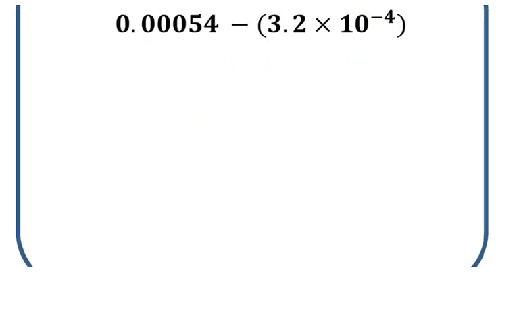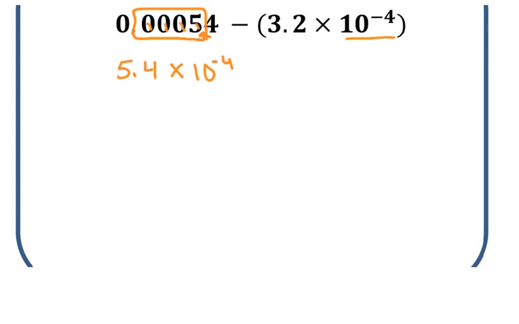Okay, so here's another one. So here I'm going to take a look. All right, I have a 10 to the negative 4. So if I moved this decimal, would it be in 10 to the negative 4? Yes, it would. So I'm going to go ahead and rewrite it. And I noticed that because here's my 1, 2, 3, 4.